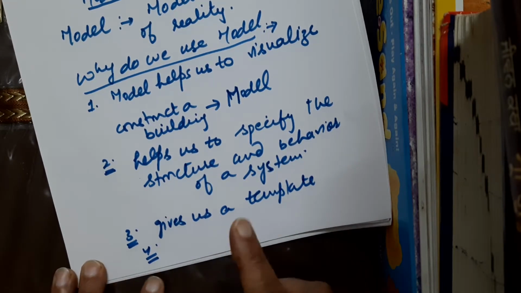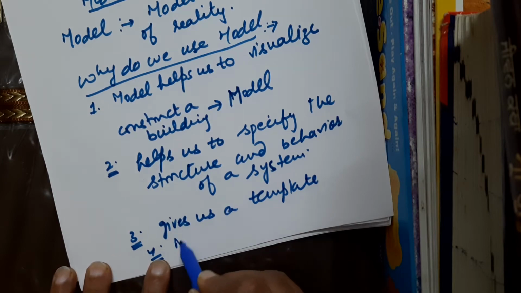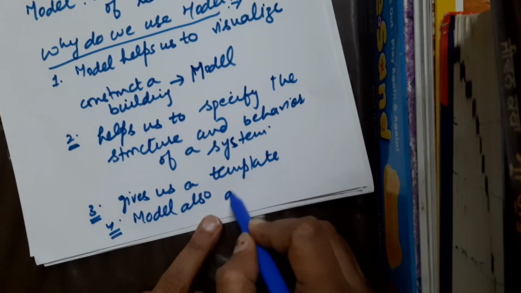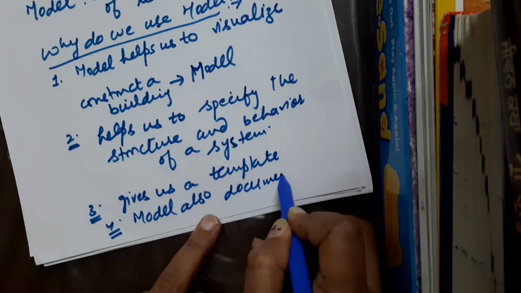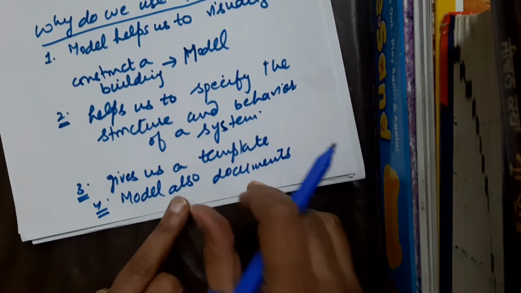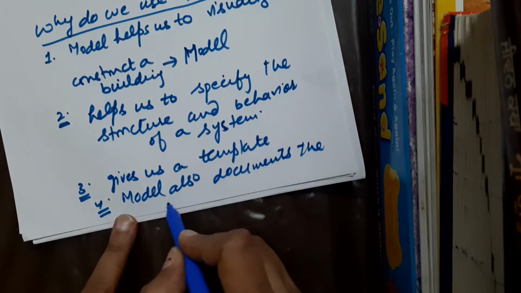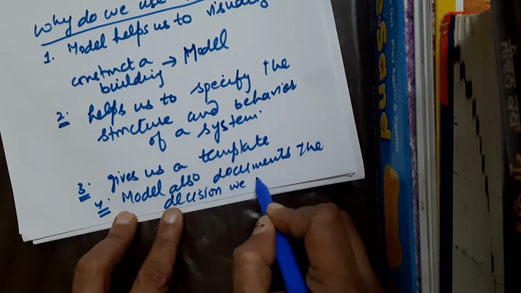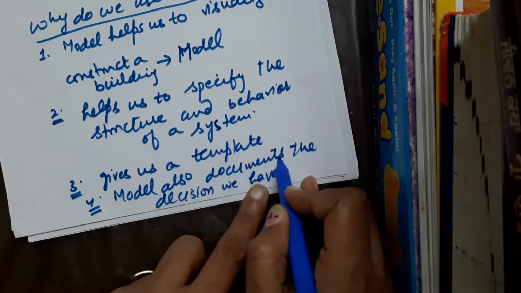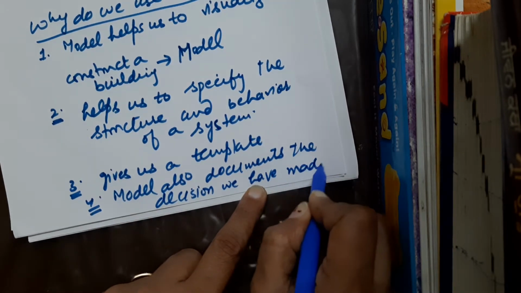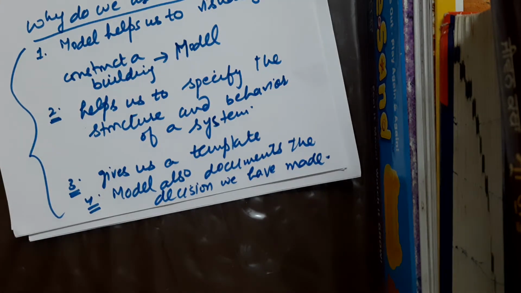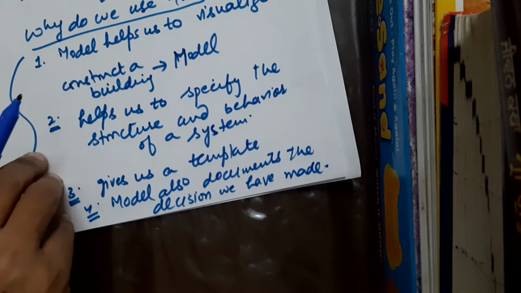Fourth, a model also documents the decisions we have made. So these are the 4 purposes of the model, that is why we create a model.